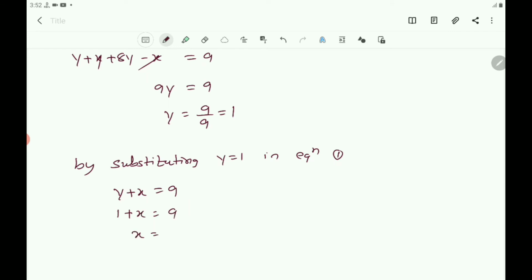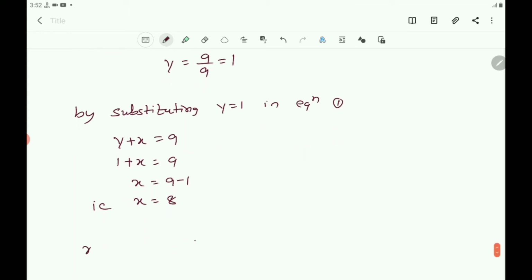So x equals 9 minus 1, that is x equals 8. So you got x equals 8 and y equals 1.